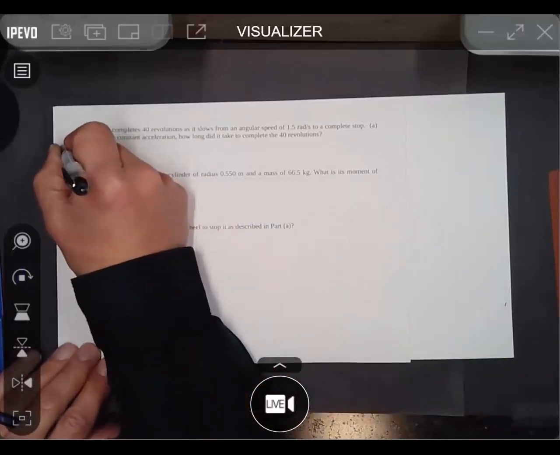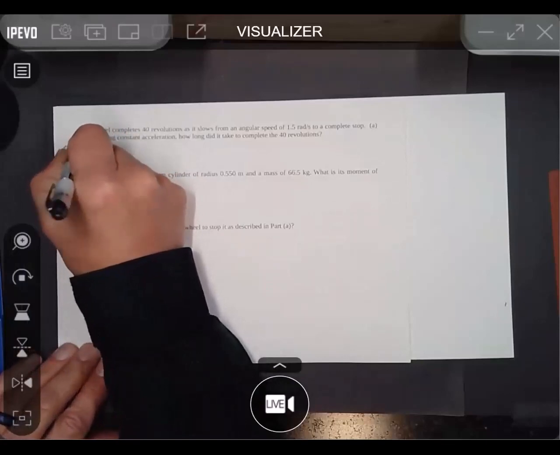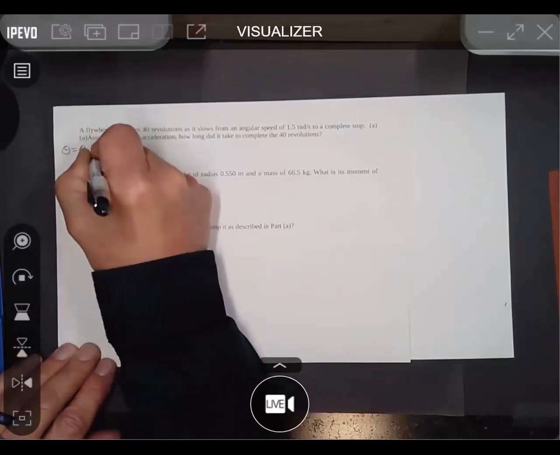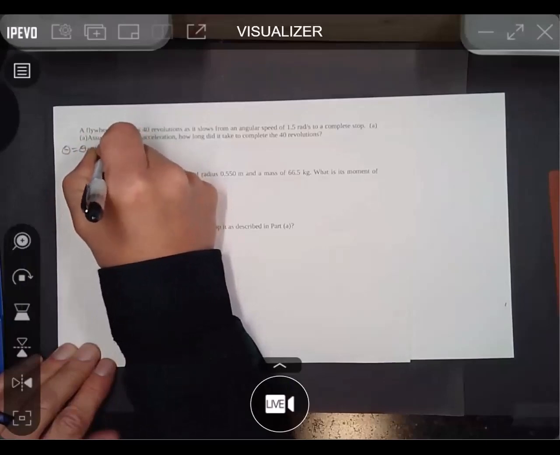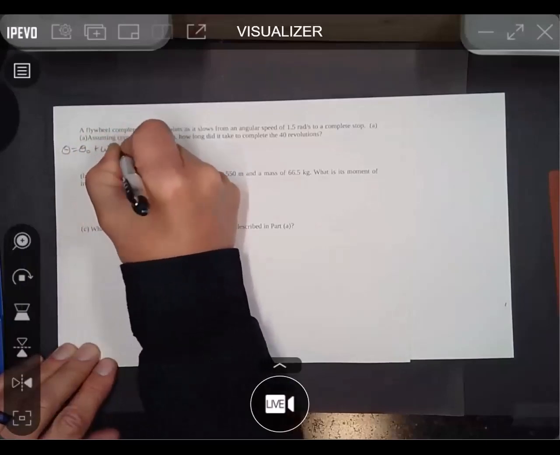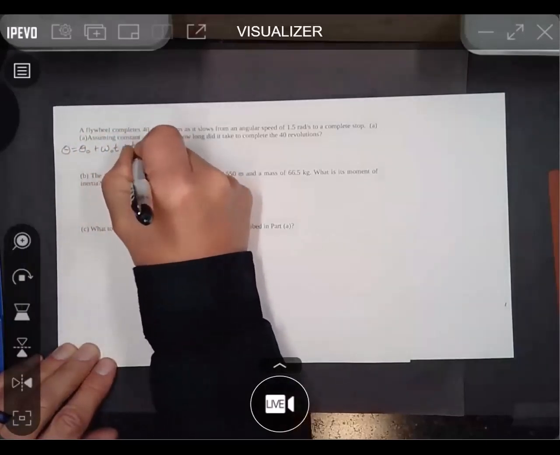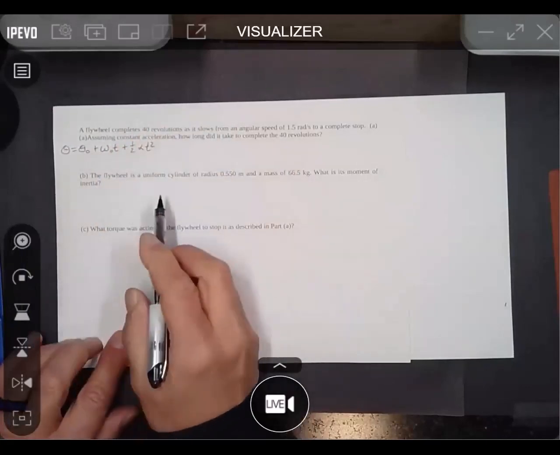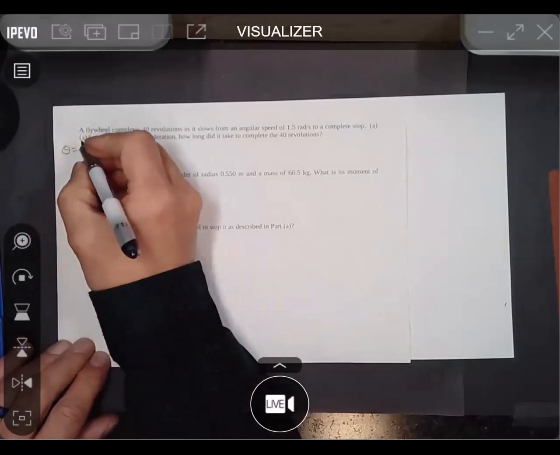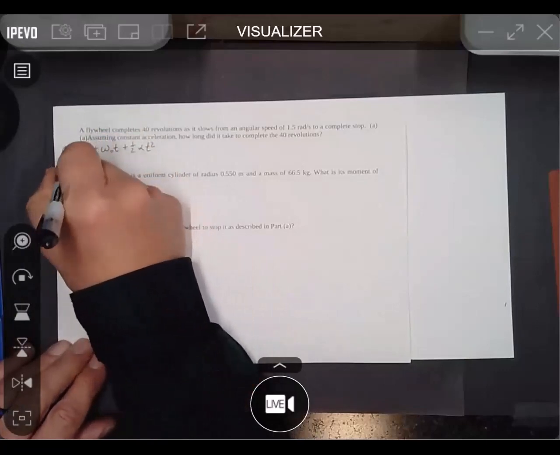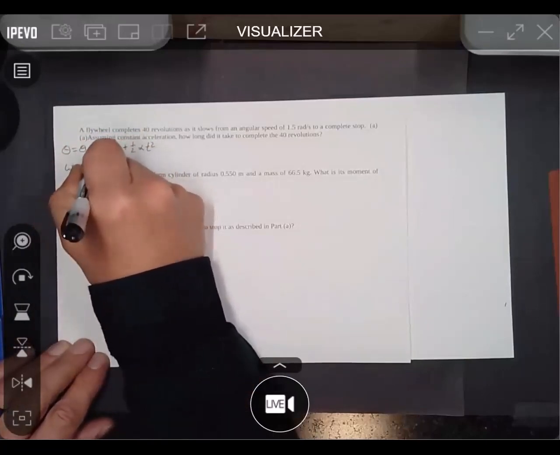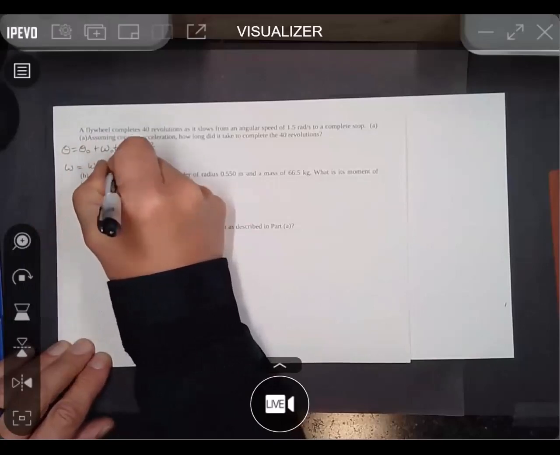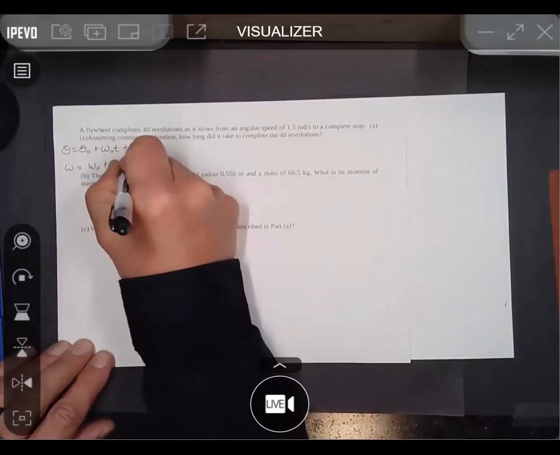There will be something like theta equals theta naught plus omega naught t plus 1/2 alpha t squared, or omega equals omega naught plus alpha t.